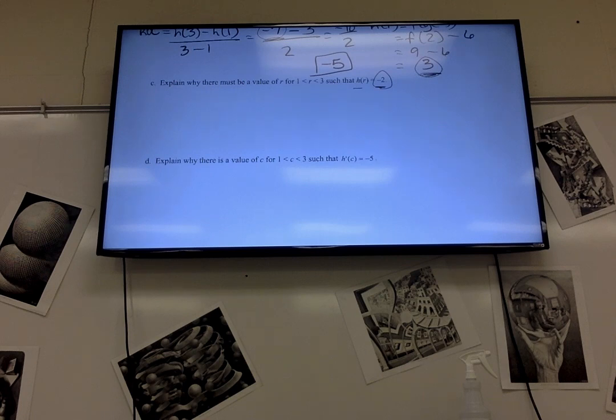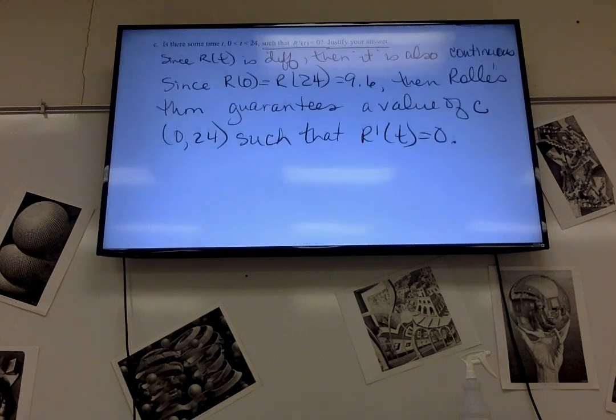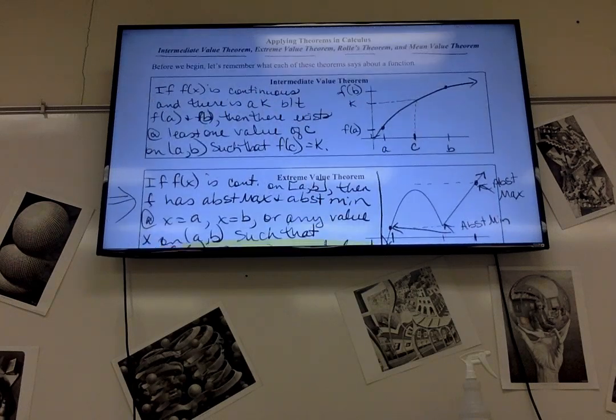Okay. So here's how you do this. Since f and g are differentiable, then they are also continuous. So if you look back at the beginning of this lesson, there it is.